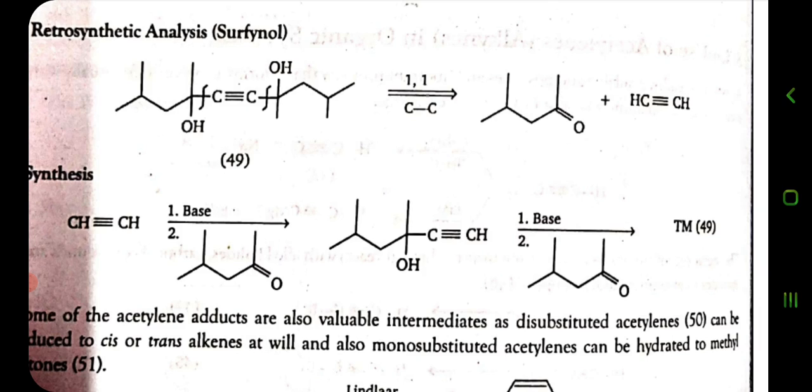In the next reaction, in the synthesis of the target molecule, when acetylene reacts with a base and a carbonyl compound, we get an intermediate, and then it reacts to form the target molecule. Our target molecule is sulfinol.